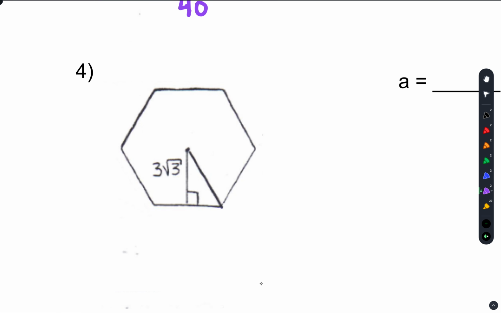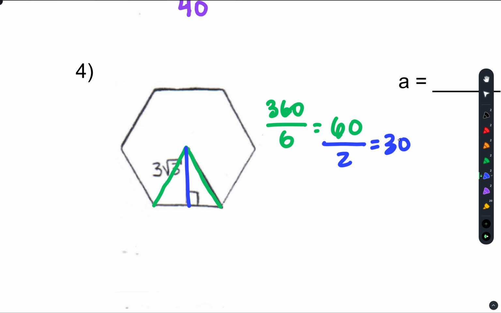No shortcuts for this one, unfortunately. Here's a hexagon. I gotta figure out where my angles go first. I'm going to split this into 6 pieces. So 360 divided by 6, because it's a hexagon, gives me that each angle is 60. The apothem takes that angle and divides it in half. So this angle up here is 30 degrees, which means this one down here must be 60 degrees. That means the apothem that they've given me is the long leg.